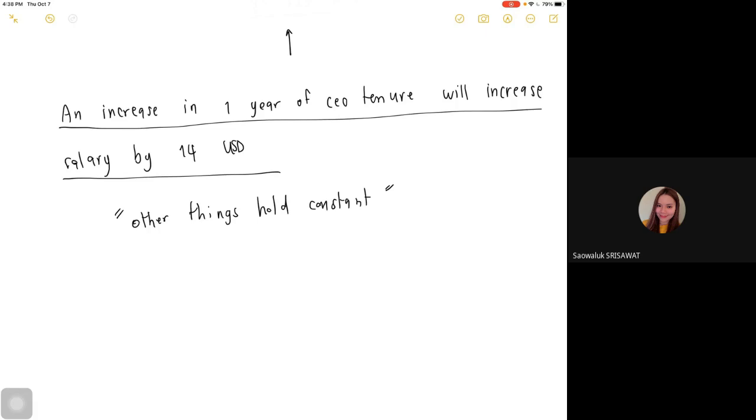So this is our first question. And the second question I asked you, should we add the CEO tenure variable in the model and why? Do you think we should add it? What is your answer? I think we should, because it's relevant to the salary of the CEO, how long he worked there.